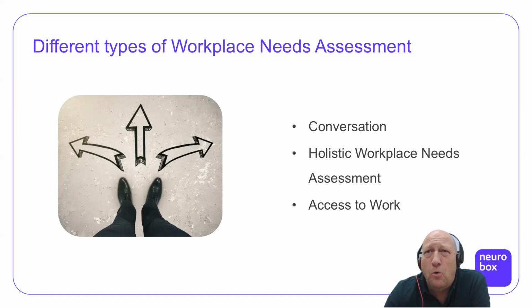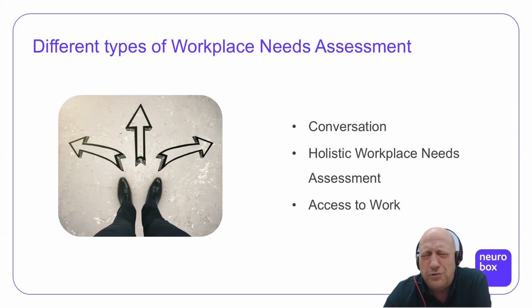And as I've said before, a good assessment will look at all areas of support, from the environment, working practices, equipment, technology. It will look at everything. The other type of assessment that can happen is through Access to Work, and I've mentioned Access to Work before. It's a great scheme.